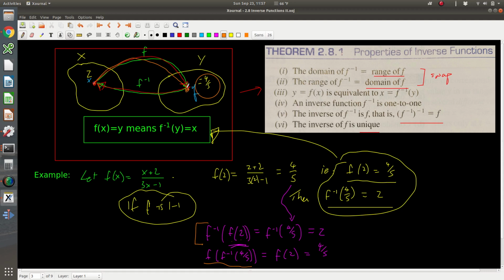So we're starting over here, plugging that into the inverse function, which takes us to 2. And then we're taking f of 2, and that takes us back to 4/5. So we do a complete loop in the second equation, but that loop is clockwise. In the first equation, we also went clockwise, but starting at 2. All right, so this is an example of what's known as the cancellation equations.